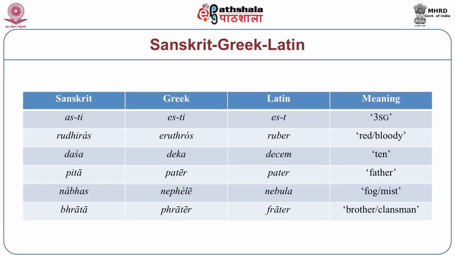The Greek word for bhratra is actually frater, and the Latin word for the same is frater. Similarly, the word for father, in Sanskrit, we call it as either pita or pitra. In Greek, the same word pitra appears as pater and in Latin as pater.